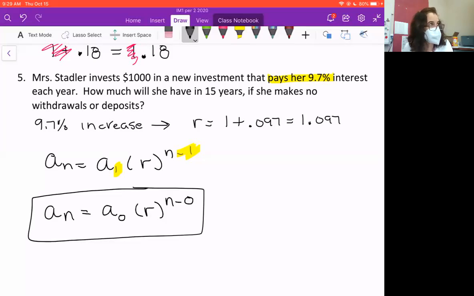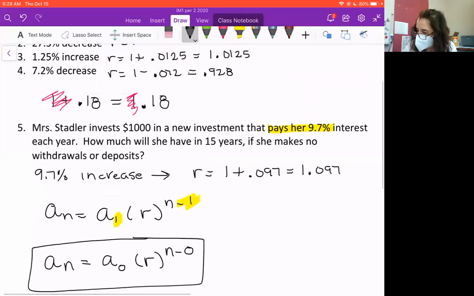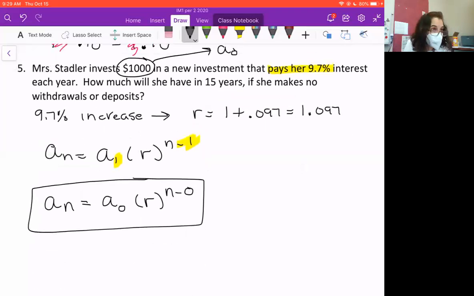The $1,000 that's in my account is a sub 0. This value is how much I have at the very beginning, not after 1 year. That's how much I have right now, and I haven't earned any interest yet. That's my initial value, my a sub 0. So one advantage of using this formula is I can just use this value in my formula.